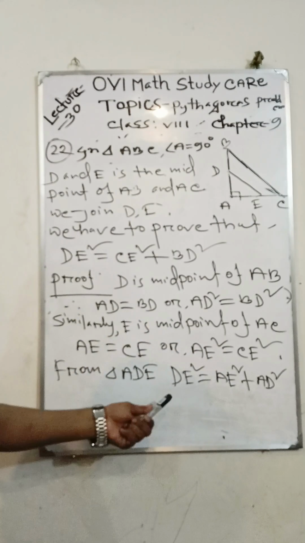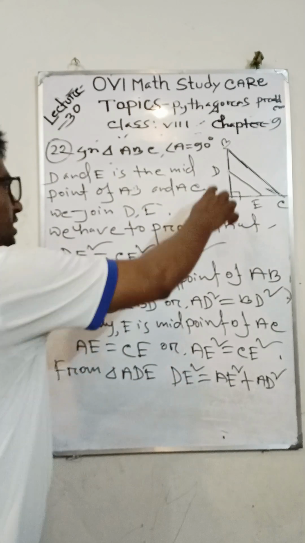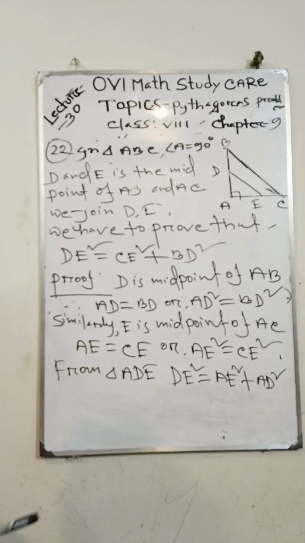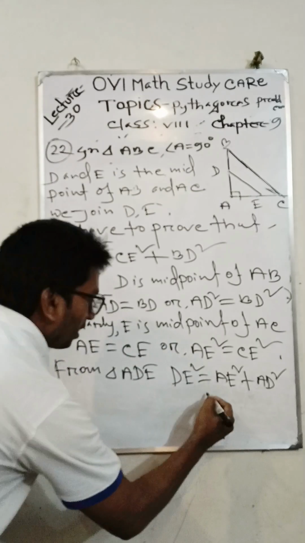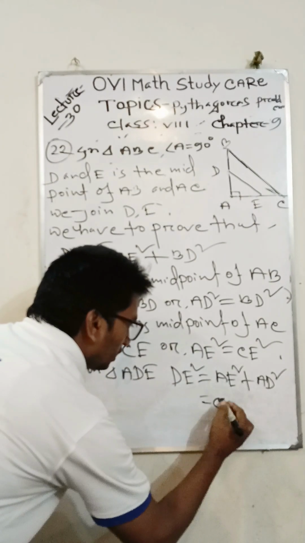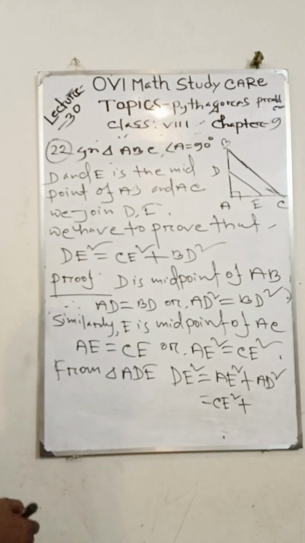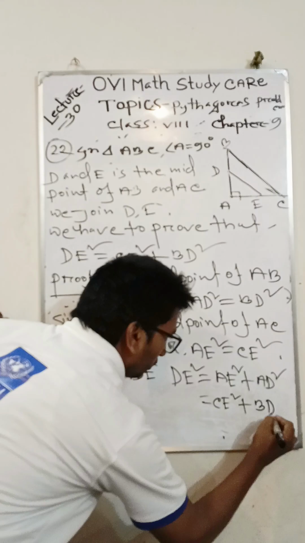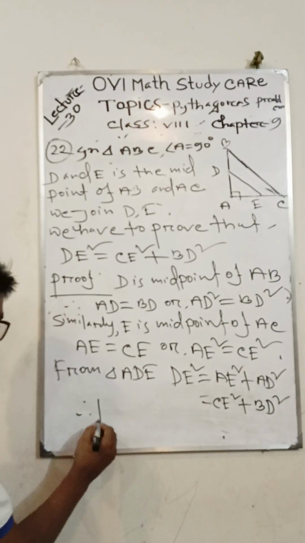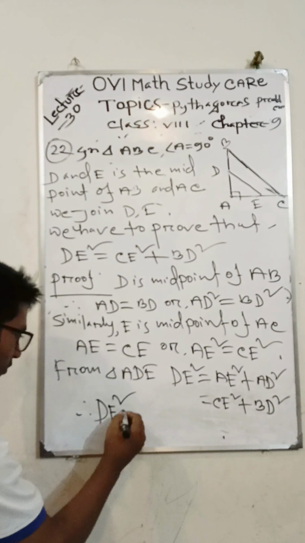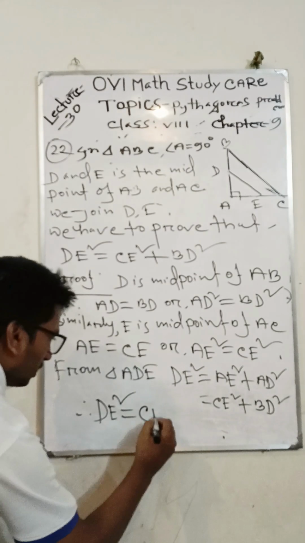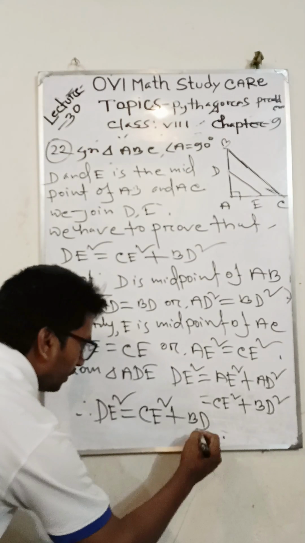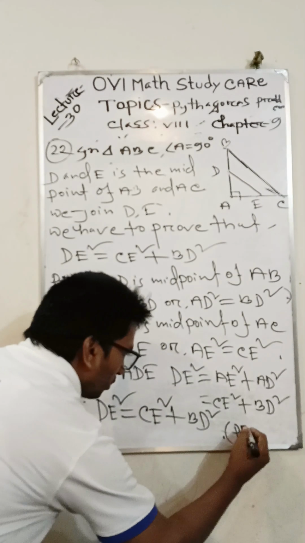So applying Pythagoras, DE square equal to AE square plus AD square. Replacing AE square with CE square and AD square with BD square, DE square equal to CE square plus BD square. Hence proved.